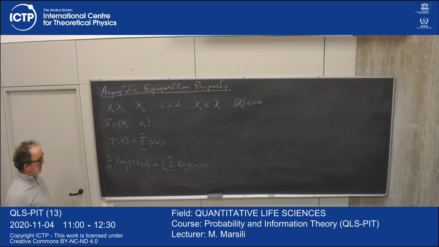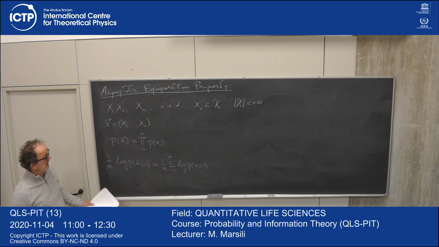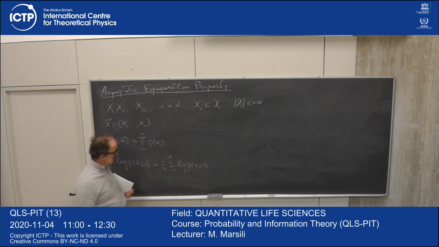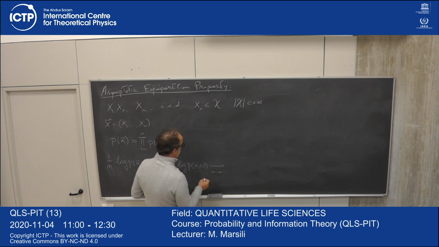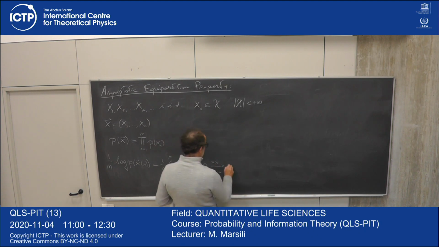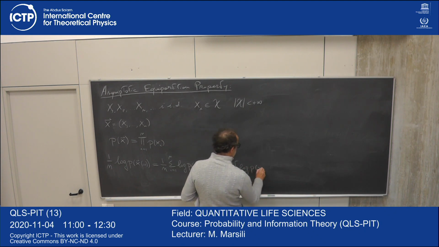And now you see that we are exactly in the condition of the law of large numbers, in the sense that if we take very, very long sequences, then as n goes to infinity, this will converge almost surely to the expected value of the log of p of x.